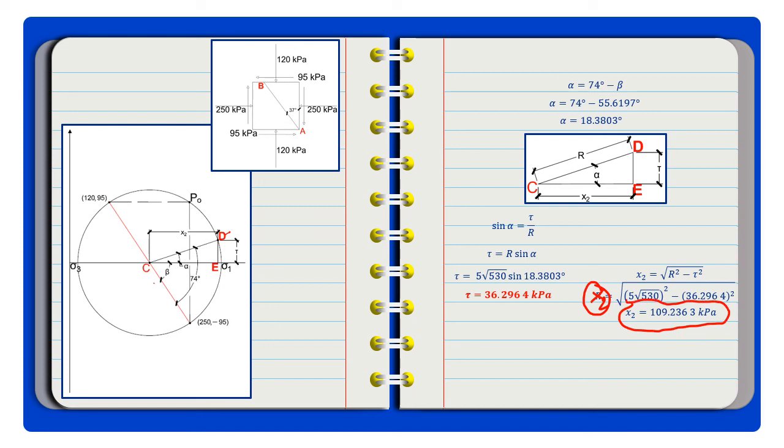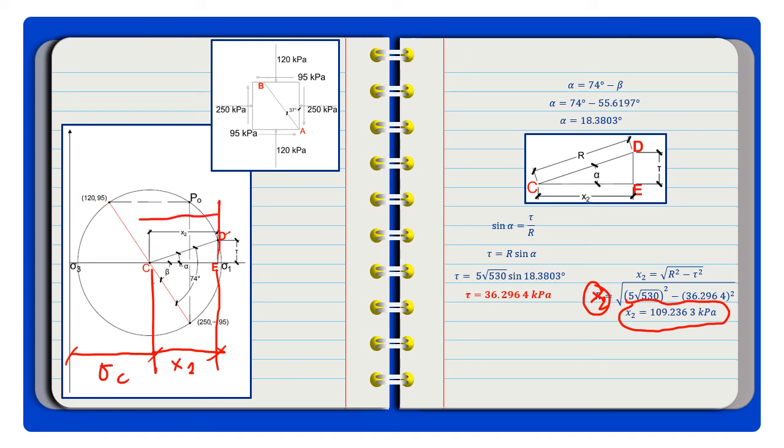Kasi, as you can see, balik tayo dun sa Mohr's circle, ito pa lang siya. That is just the length of segment CE. Ngayon, para makuha natin yung hinahanap na sigma or normal stress, kailangan nating i-add yung sigma c, which is the abscissa of the center, i-add natin yung nakuha nating x sub 2, which is the length of the segment CE para makuha natin yung total value na.